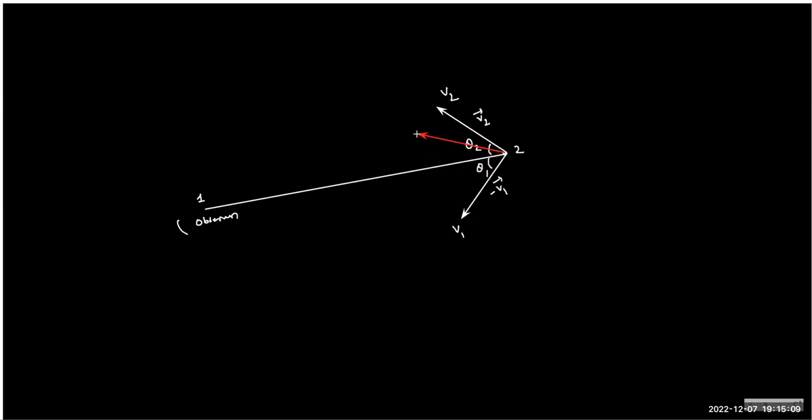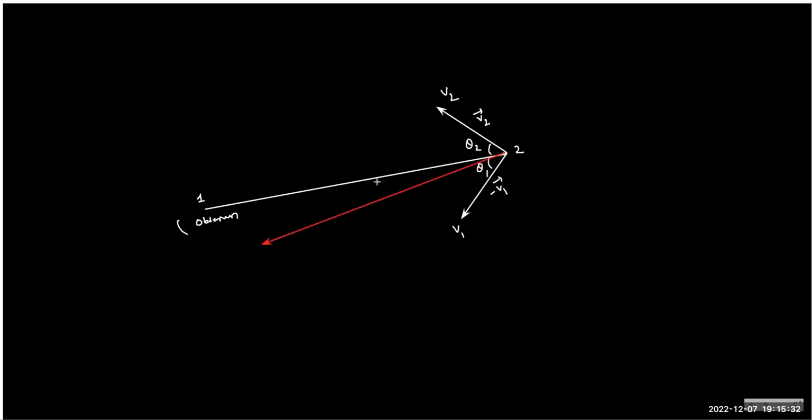On the side above this, or exactly this and this. So tell me, guys, what should be the condition for hitting the first particle? If it goes this way, will it hit? No. It will just pass like this. If you go this way, it will hit.